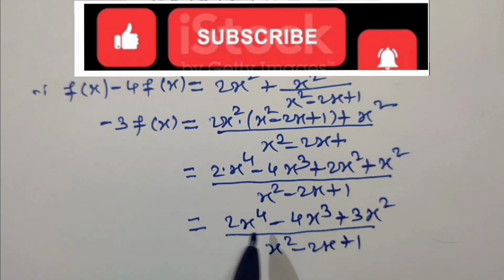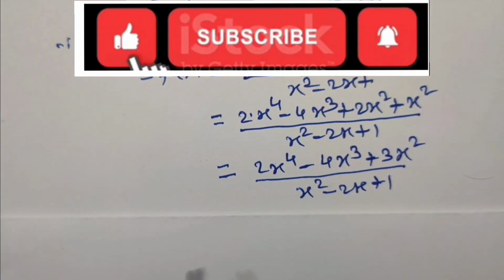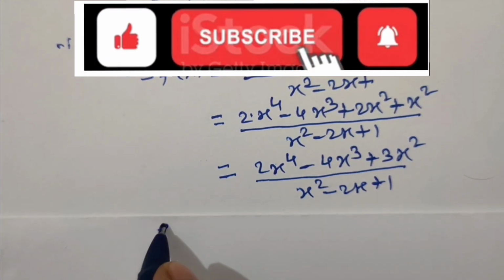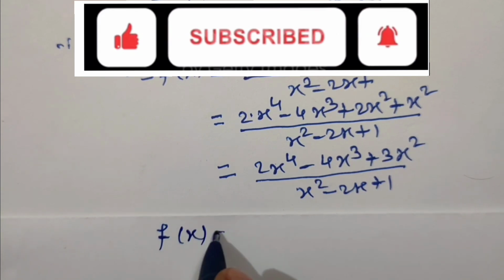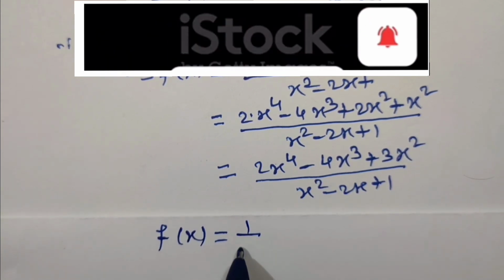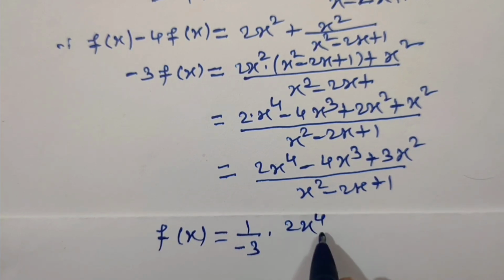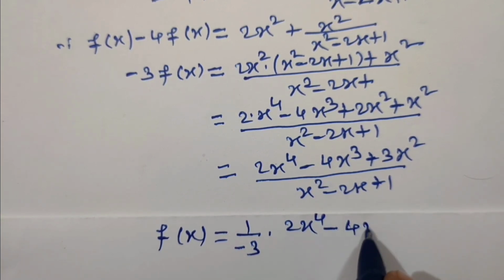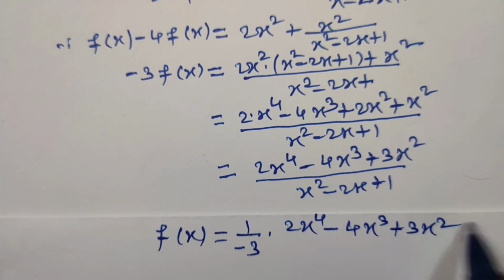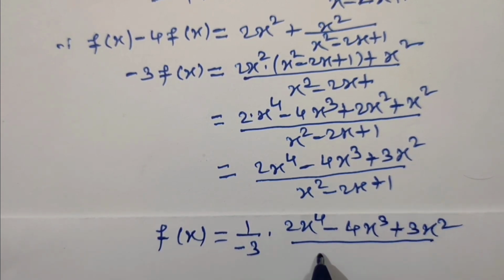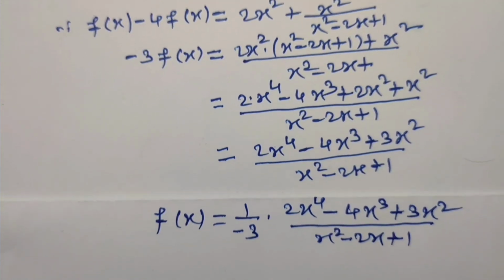Take this minus 3 on the right hand side. Hence, f of x is equal to 1 upon minus 3 into 2 times x raised to 4 minus 4x cube plus 3x square divided by x square minus 2x plus 1.